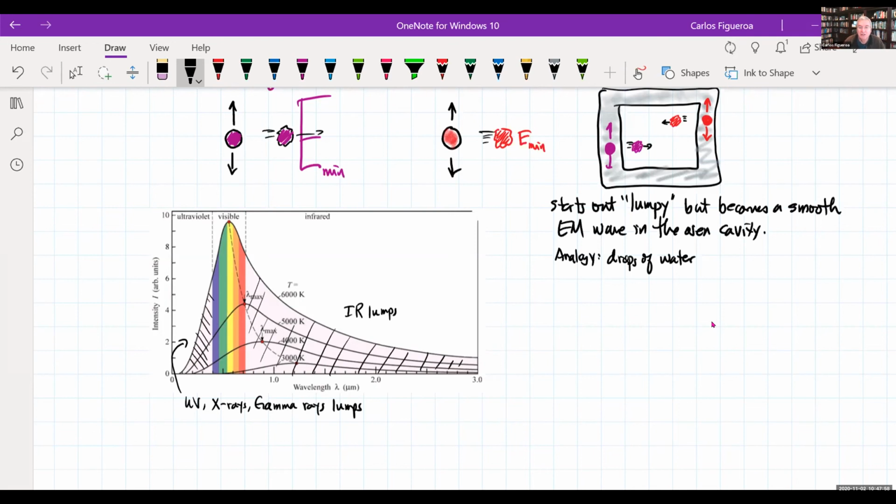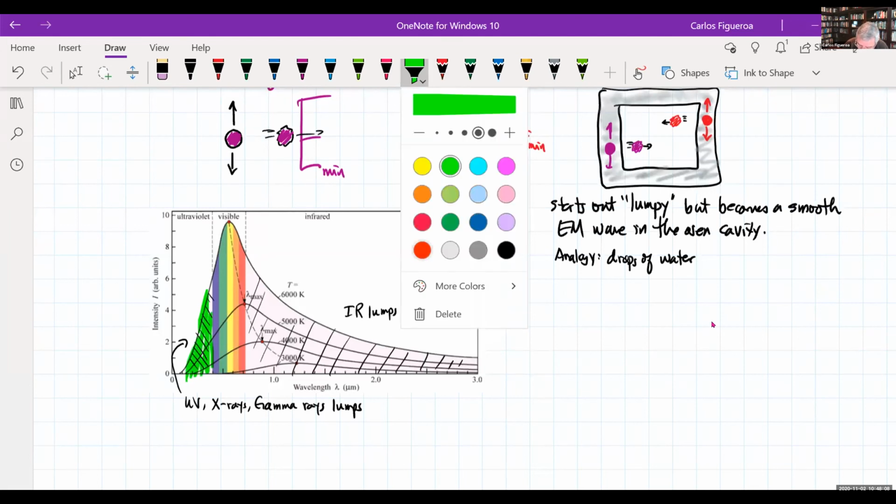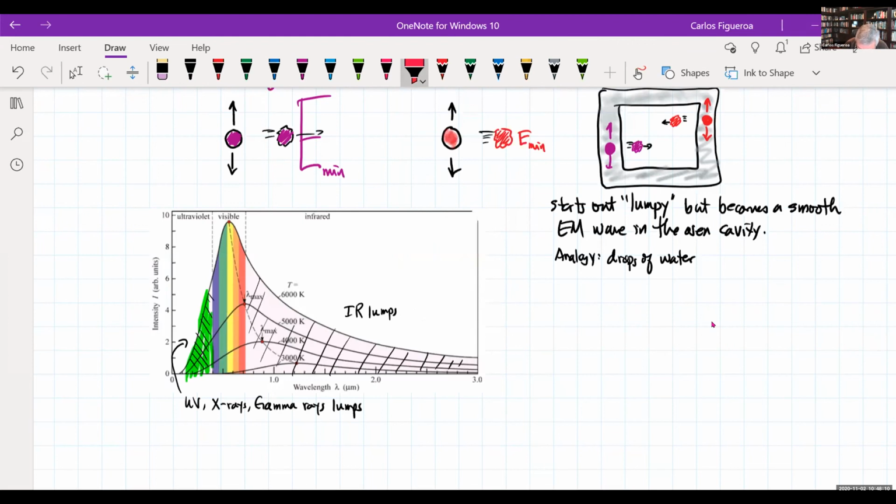There's a suppression that goes on. In this region right here there's less, but in this region over here there's more. So there's a suppression that's going on, and that's what Planck is actually getting at.